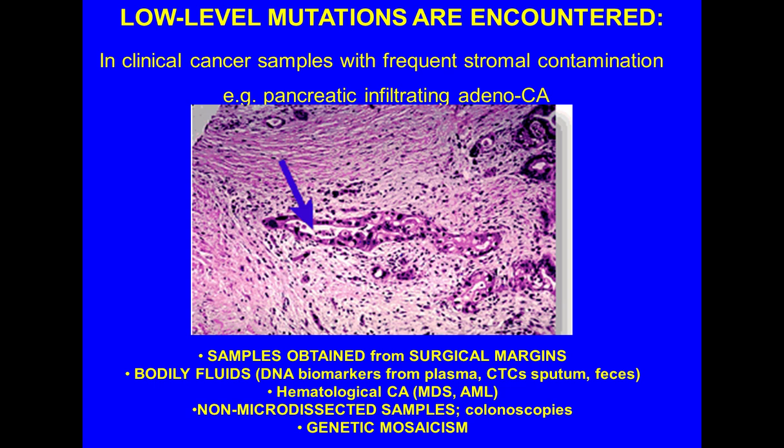In bodily fluids, about which we hear a lot these days, liquid biopsies, circulating tumor cells always have a high content of non-cancer cells as well, containing wild-type DNA. In non-microdissected samples, in colonoscopies, where you want to detect things like microsatellite instability very early in the process, you have an excess of normal DNA as well, and in cases of genetic mosaicism.